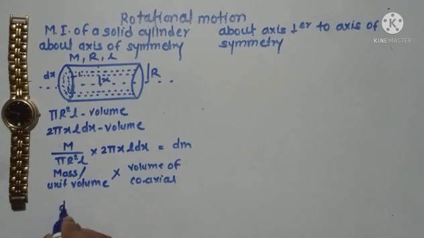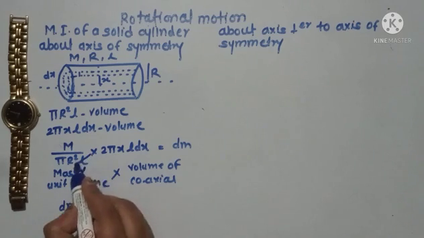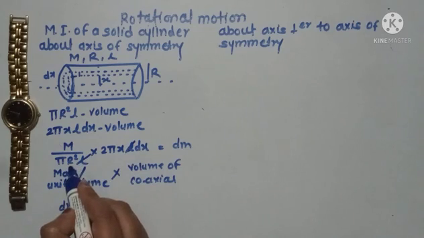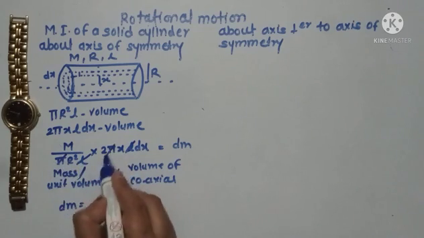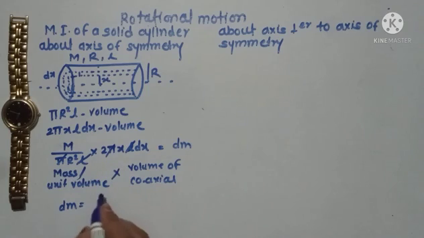Now I can write dm is equal to, so this l will get cancelled, then this pi will get cancelled, and what we are left with is 2m upon r square x dx.